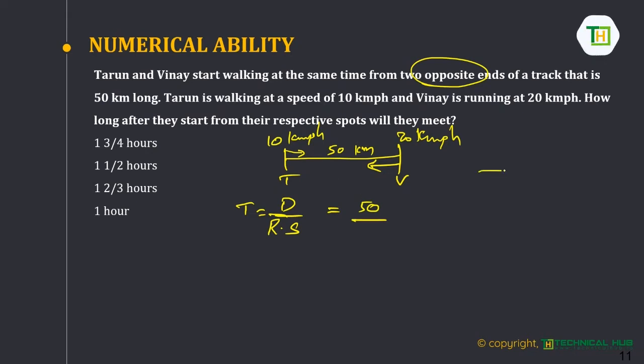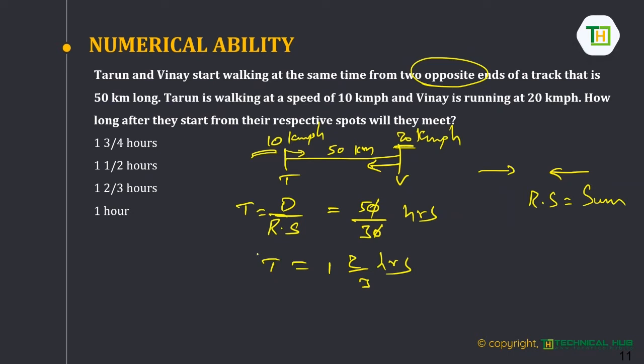If two bodies are coming from opposite directions, their relative speed becomes the sum of the speeds of the two bodies. Here the sum of the speeds, 10 and 20, is 30 kilometer per hour. Now you can get the answer: 5 by 3 hours, which is nothing but 1 2 by 3 hours. That is option C, 1 2 by 3 hours.